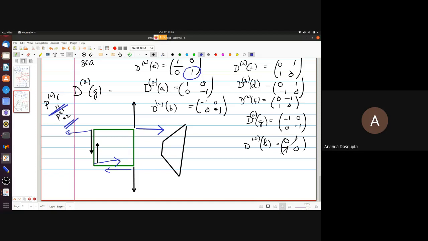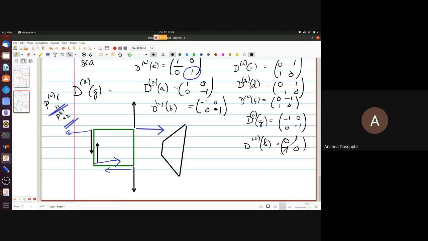Are you following me, or have I completely lost you by now? No, sir, it's okay. And how do I get the vertical translations? Simple. Start with a black arrow. Start with the vertical one, and apply P222. 22 would mean, again, this one is E. A with a minus sign.